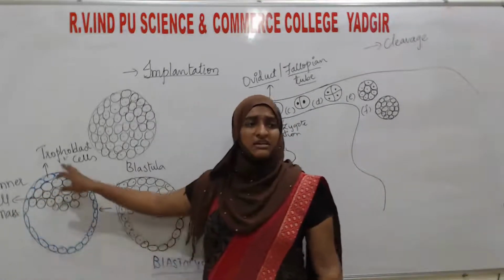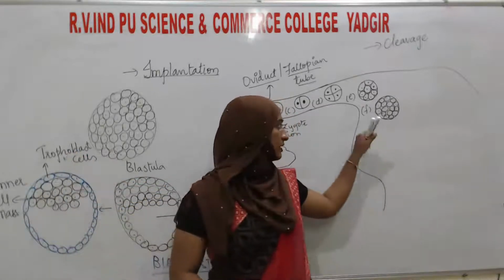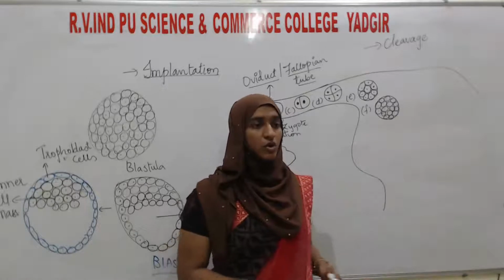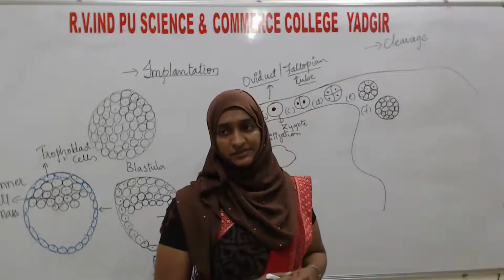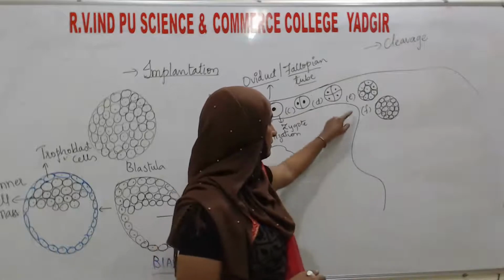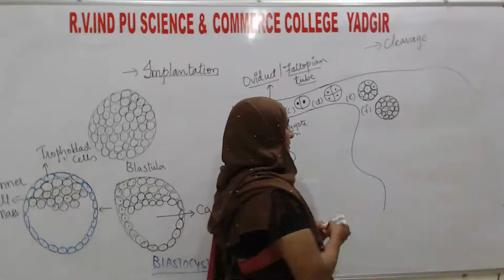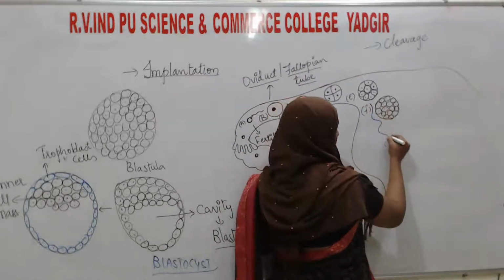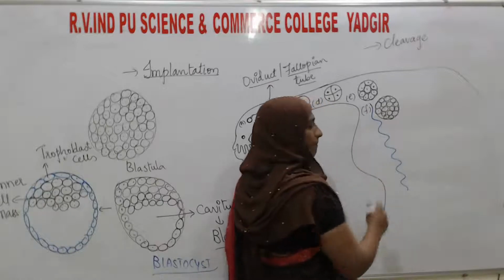Okay, why am I explaining about the trophoblast cells and inner cell mass? You will come to know here. As you know, the uterus is made up of 3 wall layers. Okay, this is the perimetrium, and here it is the endometrium, and this middle is the myometrium.